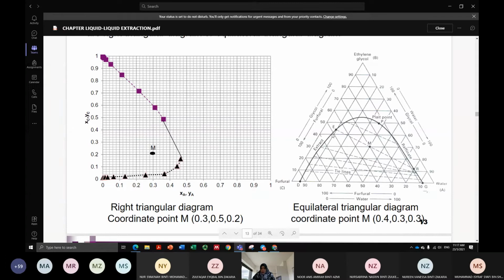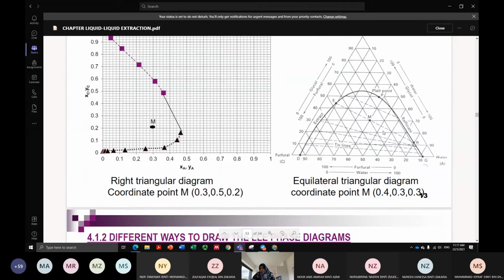One layer is labeled as the extract layer, and this one is called the raffinate layer. The middle point between the extract layer and the raffinate layer is labeled as the plait point. This is the divider between the extract layer and the raffinate layer on the equilibrium curve.